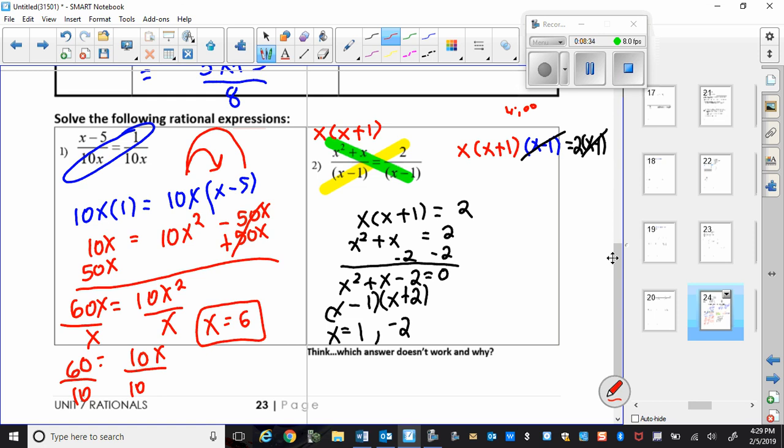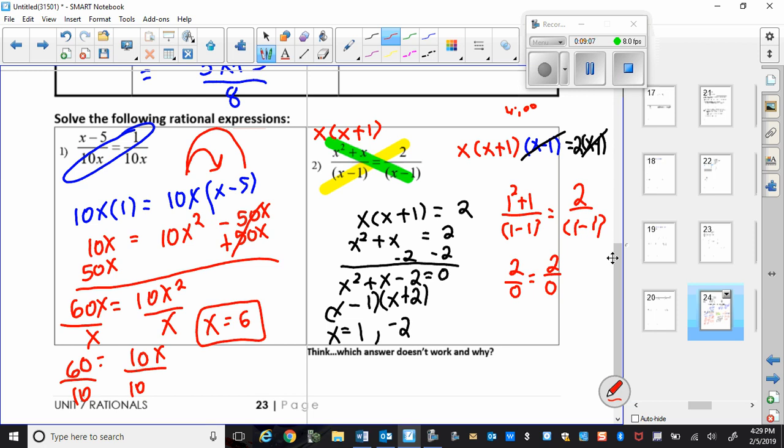So I'm going to check. Checking my first side, does 1 squared plus 1 over 1 minus 1 equal 2 over 1 minus 1? Well, does 2 over 0 equal 2 over 0?